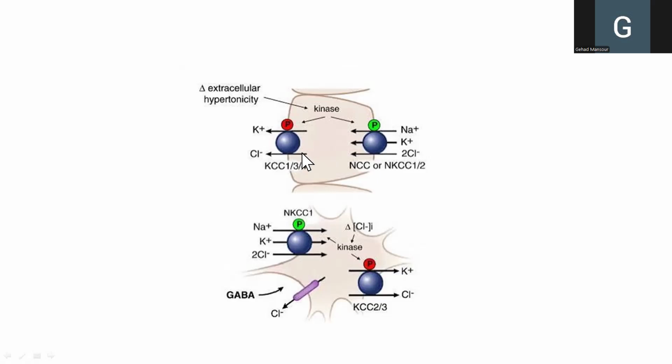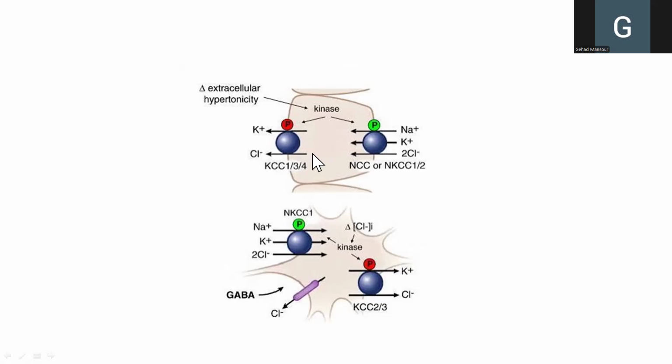Why are we saying against the concentration gradient? Because actually the concentration of chloride outside the cell, extracellularly, is higher. So you're moving chloride via this transporter from the inside of the cell where it has a lower concentration to the outside where it has a higher concentration.